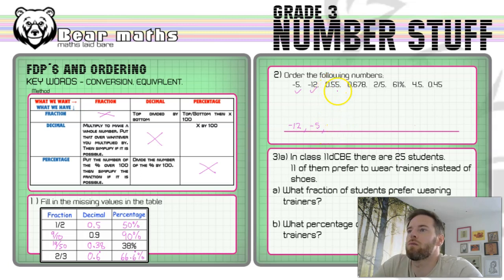Then we come to these numbers, so we need to convert them into the same thing. It might be useful to convert them into decimals or percentages or fractions. It's totally up to you. I'm going to convert them into percentages because I think it's easy to do that with these decimals. So 55% is what that one is, because you just multiply by 100. This one, multiply by 100, 67.8%.